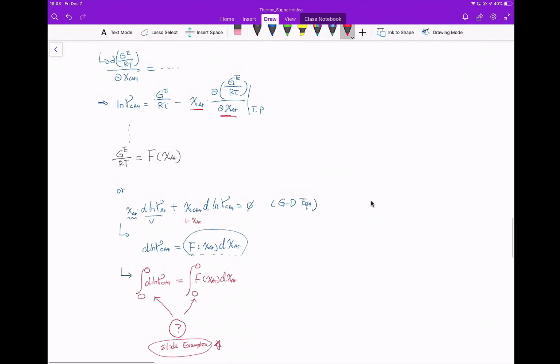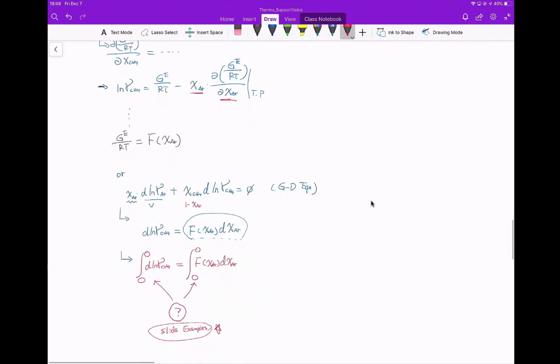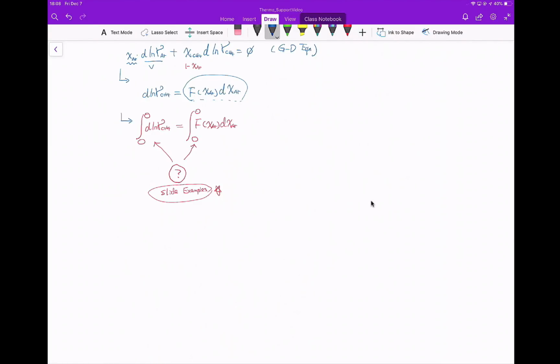So this is for the first part. For part B, once we have those values, that should be straightforward. If I know the temperature is 110 Kelvin, X argon is 0.3, then I can calculate all sorts of values. I can calculate A at this 110 Kelvin, can calculate B at 110 Kelvin.